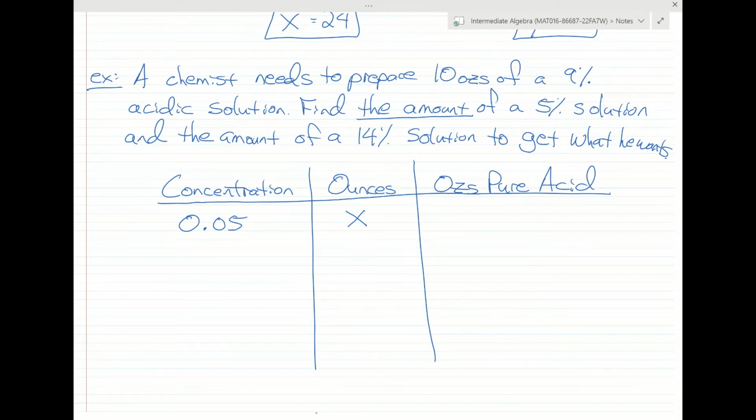So you multiply these together. Similarly, if we have 14%, we don't know how many ounces to use, but 0.14 times Y gives us the amount of pure acid.